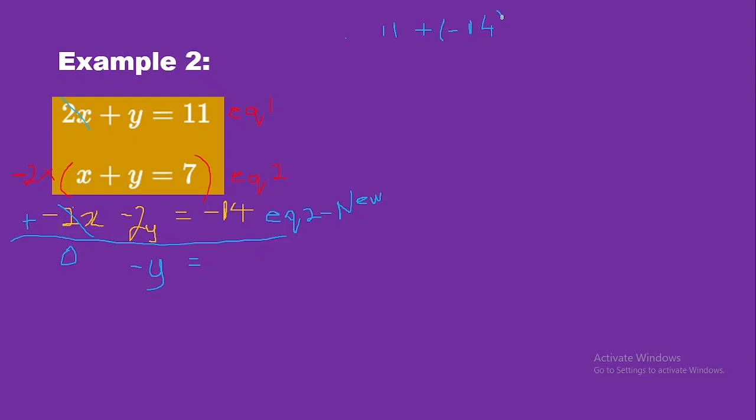So 11 plus negative 14 is basically just 11 minus 14, right? So that's just 11 minus 14, and 11 minus 14 is going to leave you with negative 3.